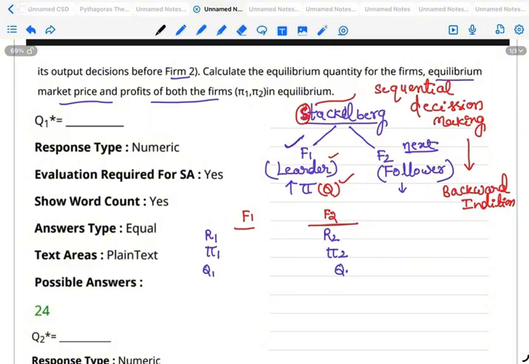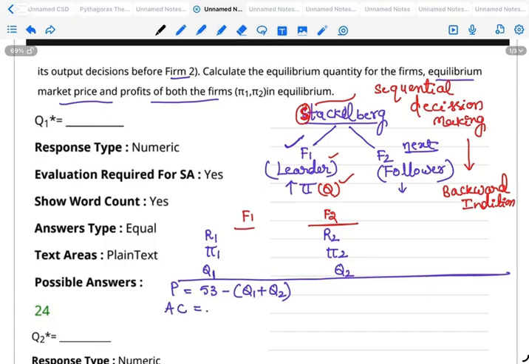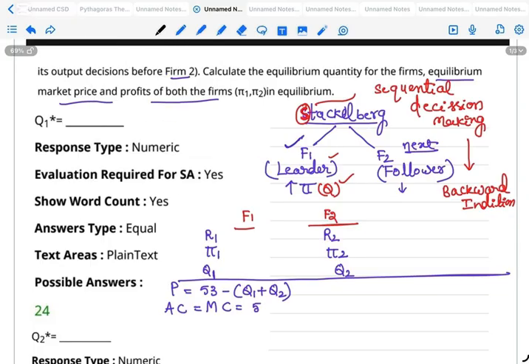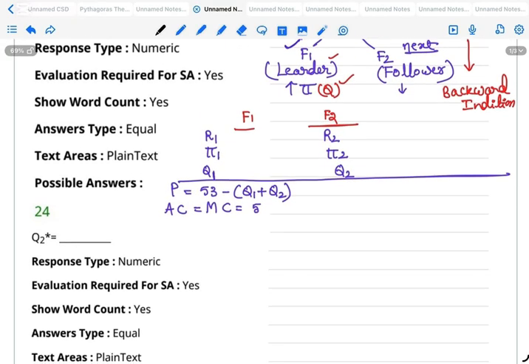The price is given as 53 minus (Q1 plus Q2), and the average cost equals marginal cost equals $5. In a similar manner to what we did in the previous question, the Cournot competition.